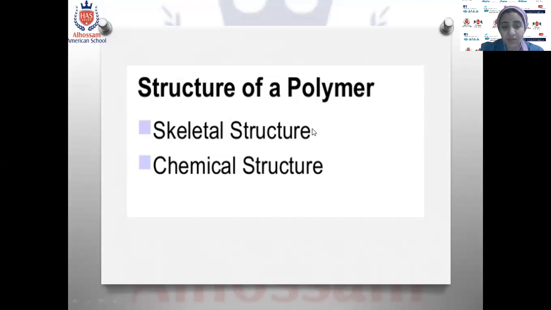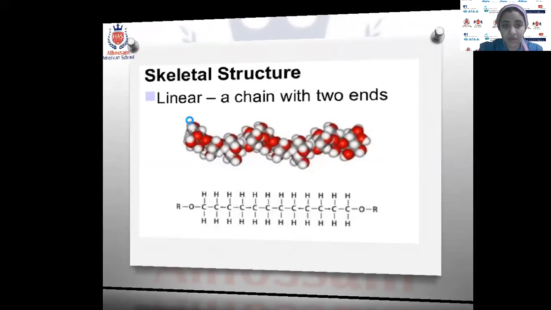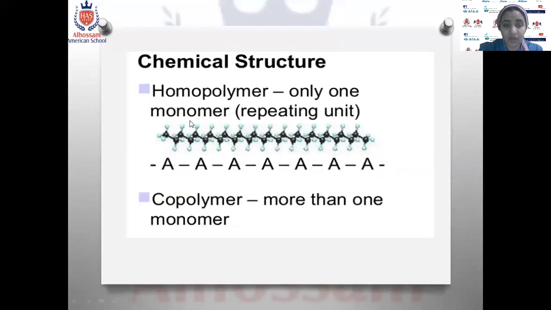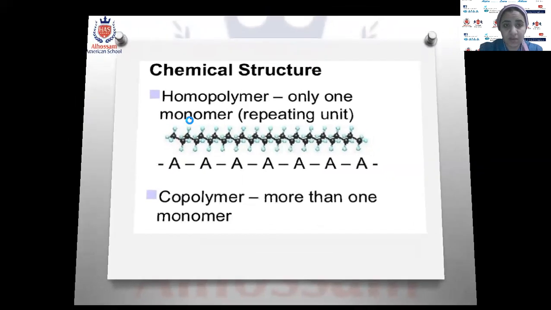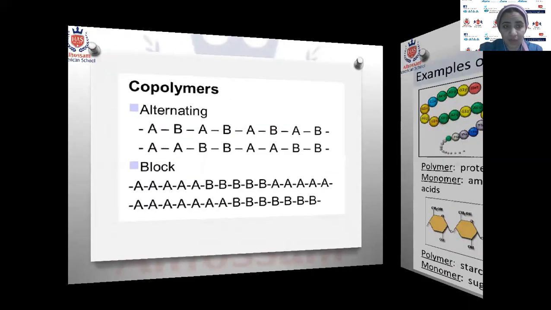Homopolymer, if they have the same kind of monomers, only one type. Copolymers, if they have different kinds of monomers, connected in a different way, alternating or block. Okay, this is the structure of the polymers, skeletal and chemical, and we talked about the types of skeletal and types of chemical. Do you have any questions?